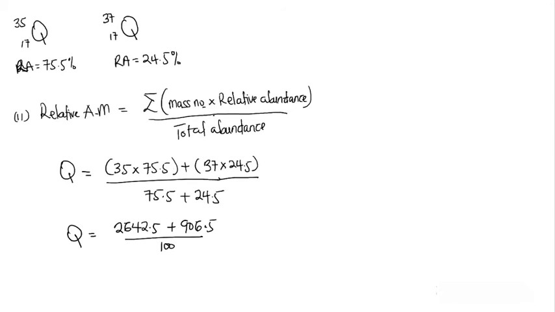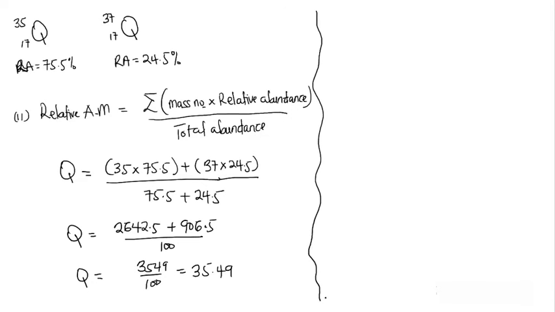Note that the total abundance is always equal to 100. Adding the numerator, we get 3,549 over 100, which is equal to 35.49. So the relative atomic mass for the element Q is 35.49.